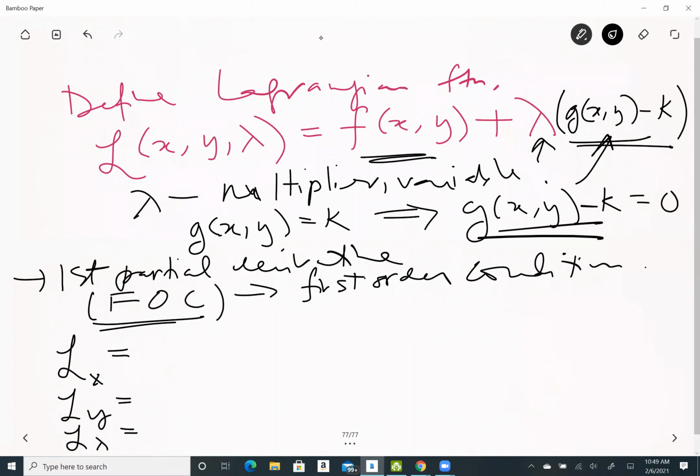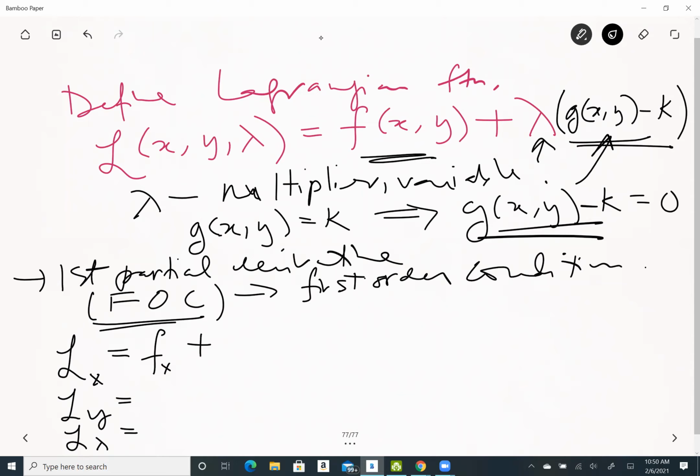Okay, back to the function. You have f of xy, the function f depends on x and y, and the constraint g also depends on x and y. So looking at the function L, what is the partial derivative of L with respect to x? You have f of xy, so I differentiate f with respect to x, just call it fx, plus g inside with the lambda.